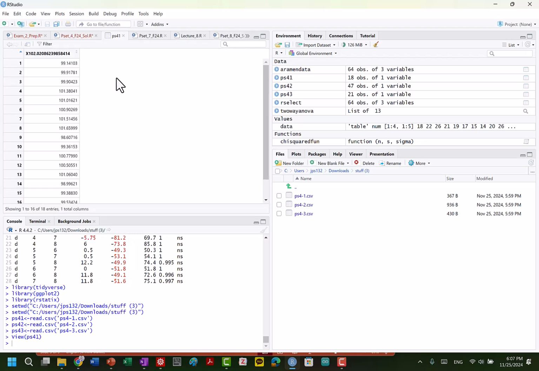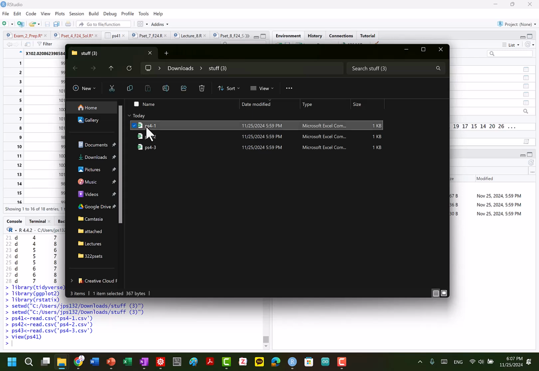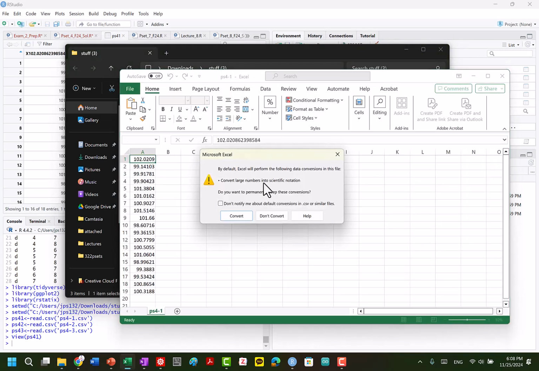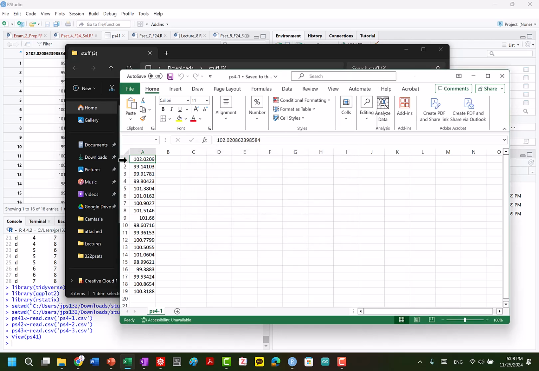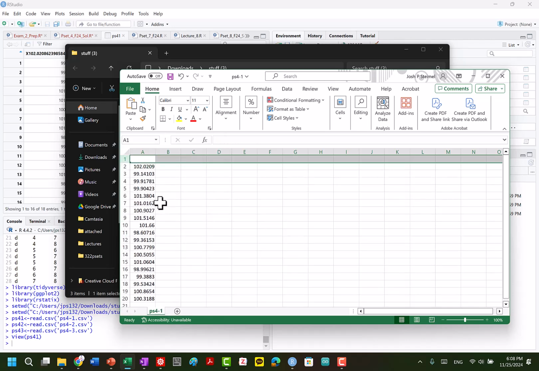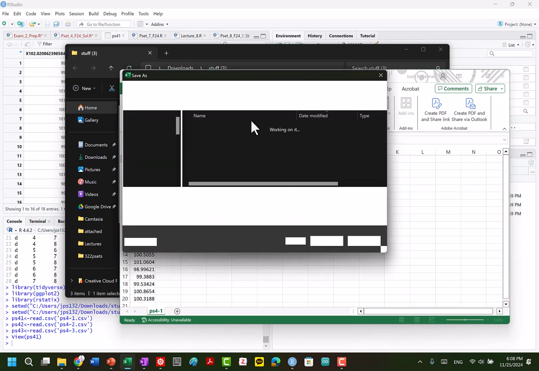Ooh. I may need to do a quick edit of those data files. So actually, let me insert that there. Yes, I do.